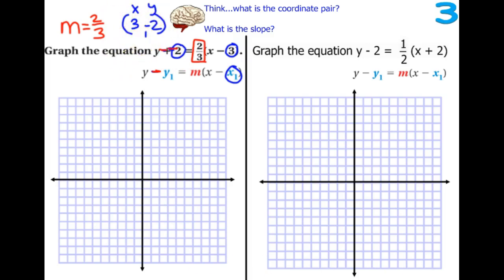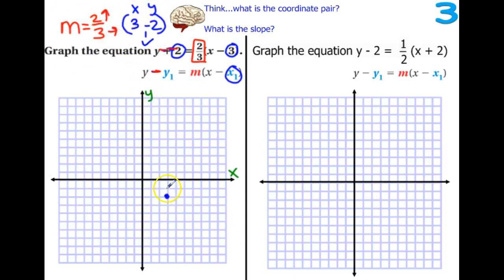We can graph this. Well, let's just plot our point. This is x, this is y. Our point is 3, -2. So x is 3 to the right, y is -2, down 2. So there's that point. We graphed that. Now we can just use our slope to create the line. Rise over run.